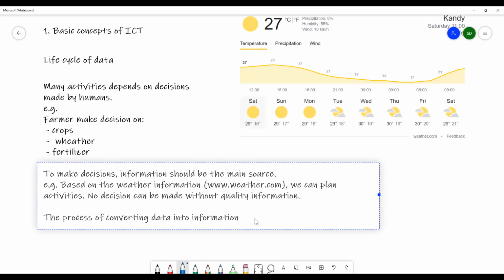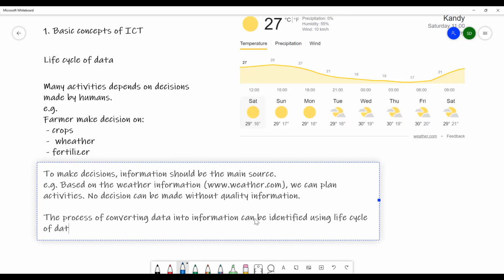This can be identified using the life cycle of data processing, right?